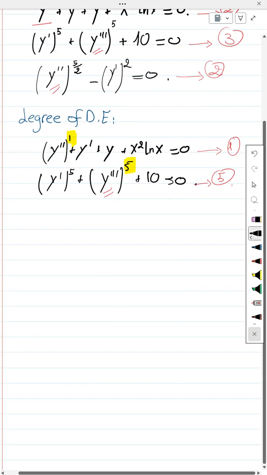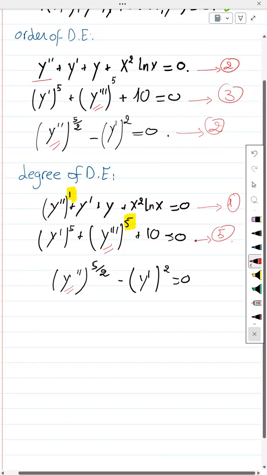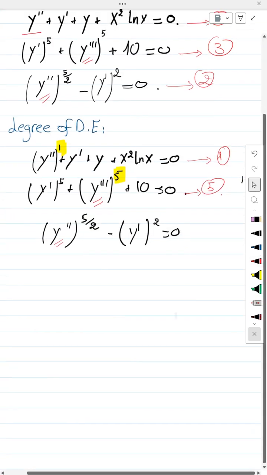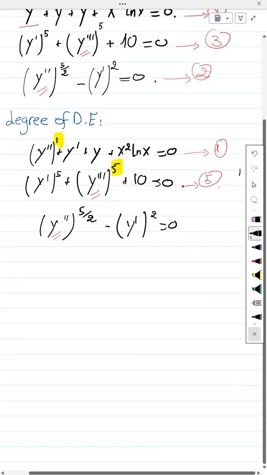Let's see the third example, which is y second prime all to the power of 5 over 2 minus y prime to the power of 2 is equal to 0. As I told you before, the highest is y second prime, the second derivative, which is raised to the power of 5 over 2. We cannot deal with that, so we will rewrite it in another way: y second prime to the power of 5 over 2 is equal to y prime to the power of 2.